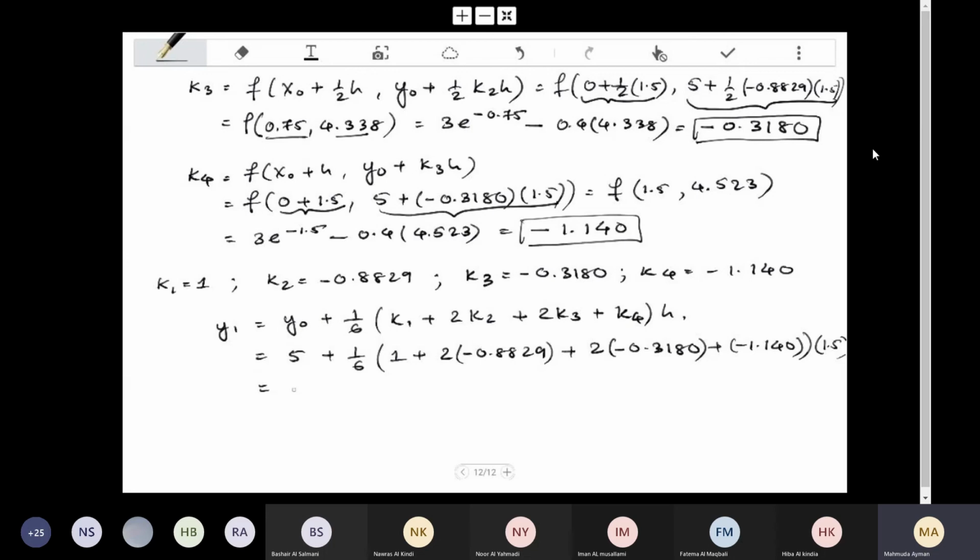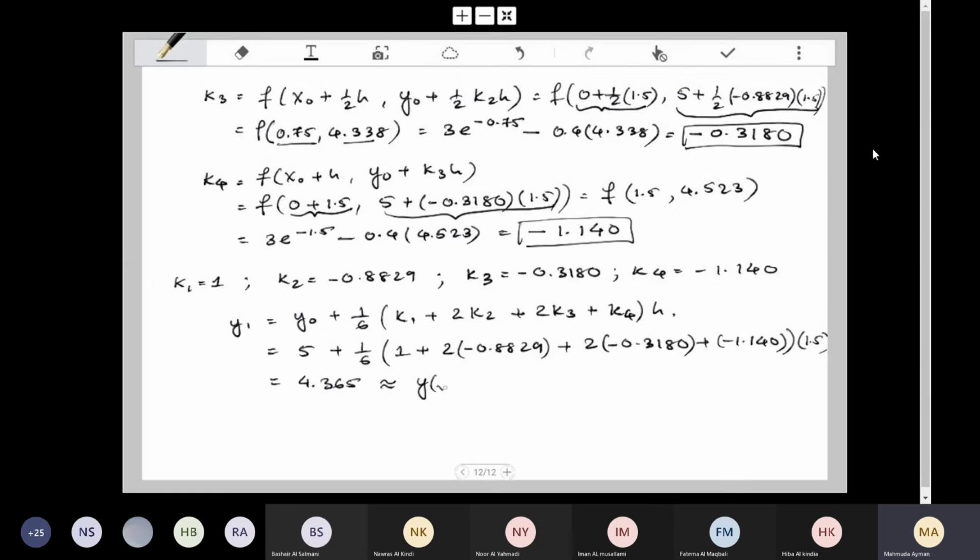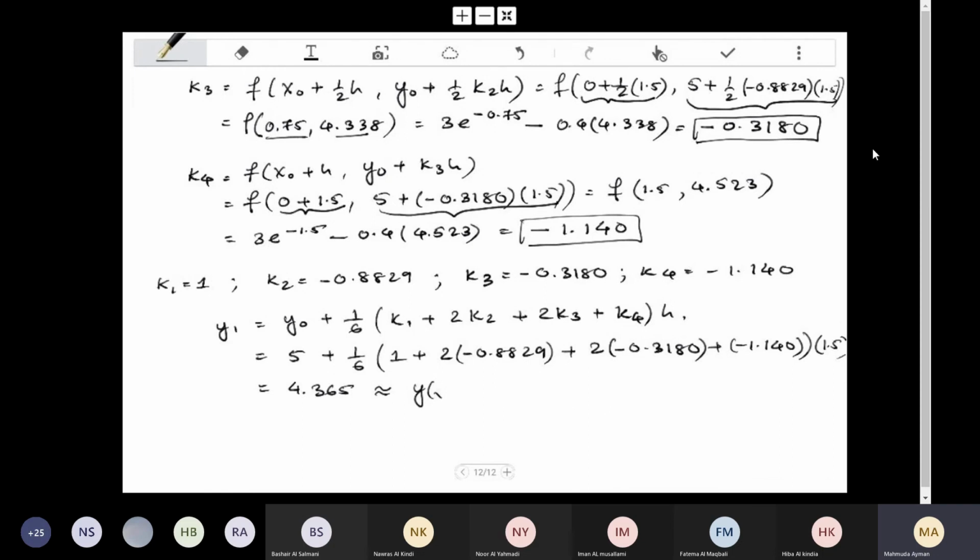So this here, if you solve, you get 4.365, which is approximately the value of y at x equal to 1. We know that x0 is 0, so x1 is x0 plus i times h.